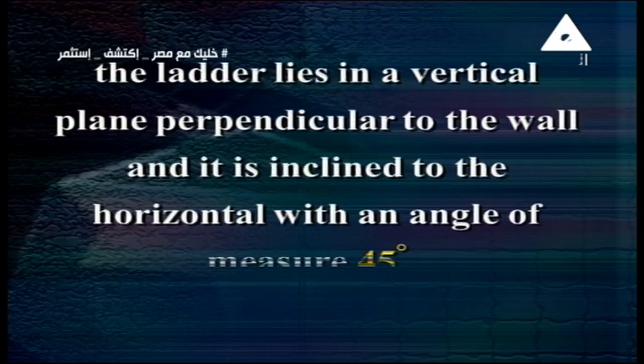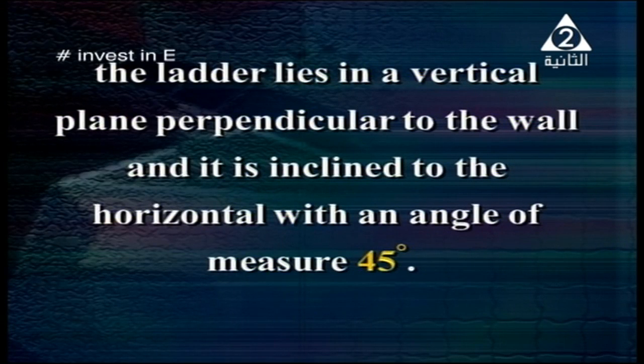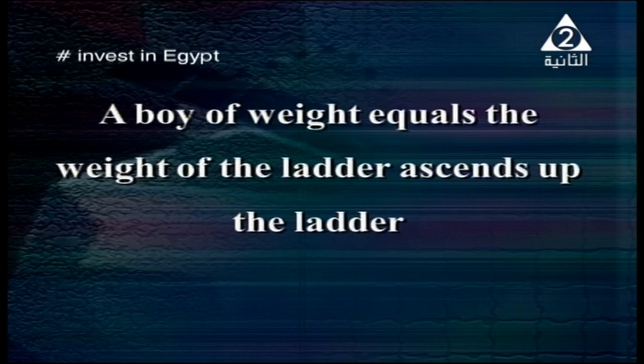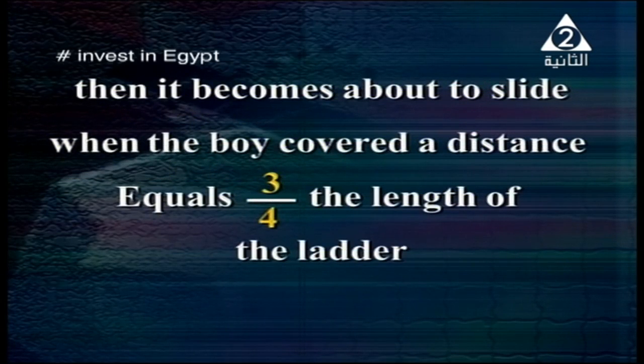Look at, my dear student, important example. The ladder lies in a vertical plane perpendicular to the wall and is inclined to the horizontal with an angle of measure 45 degrees. A boy of weight equal to the weight of the ladder ascends up the ladder. Then it becomes about to slide when the boy has covered a distance equal to 3/4 of the length of the ladder.